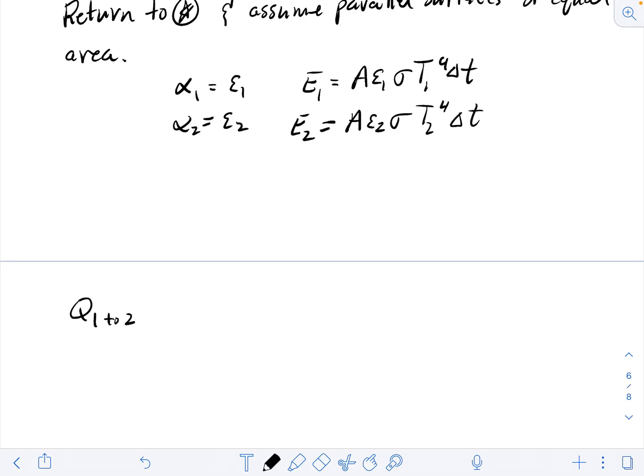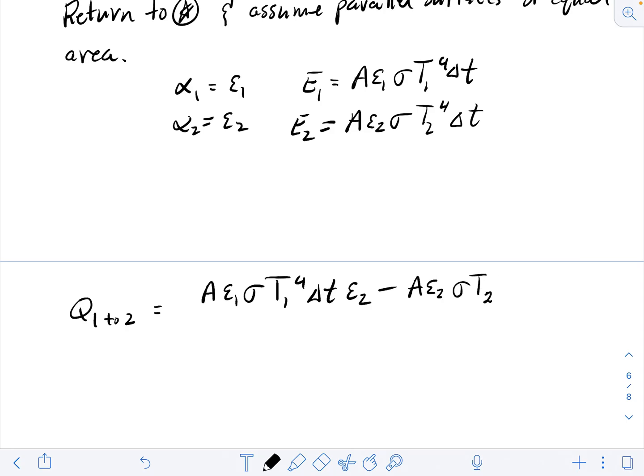Okay, so if we go back to star, then the heat transferred from 1 to 2 is going to be equal to A epsilon 1 sigma T1 to the 4th delta T. That's E1. And then we multiply by the emissivity E2. So it was alpha 2 before. We're going to change that to epsilon 2.